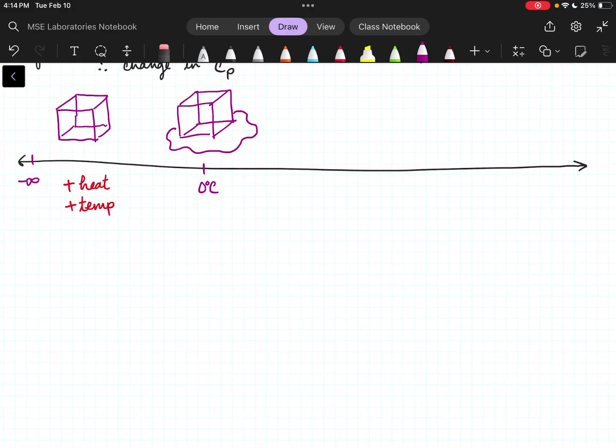At 0 degrees Celsius, as I'm adding this heat energy, the ice starts to melt. Thermodynamics says, though, that ice cannot exist any hotter than 0 degrees Celsius. But I'm still adding heat energy, but I'm no longer getting an increase in temperature because ice doesn't get hotter than 0.